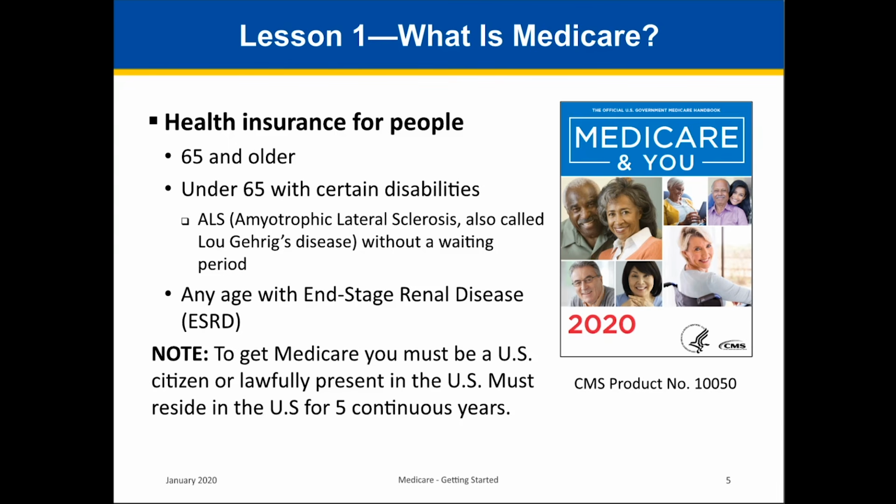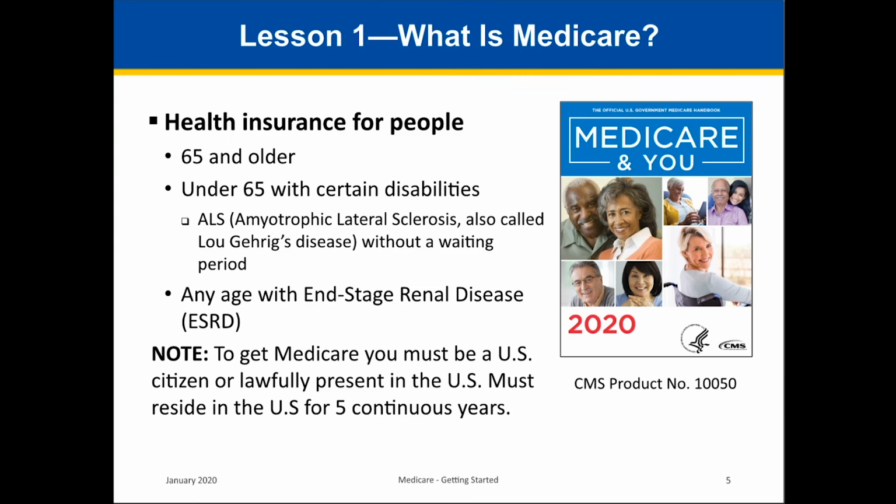Medicare is also for people under age 65 with certain disabilities who have been entitled to Social Security disability insurance benefits for 24 months. In the 25th month of eligibility for those that are disabled, you become enrolled into Medicare.